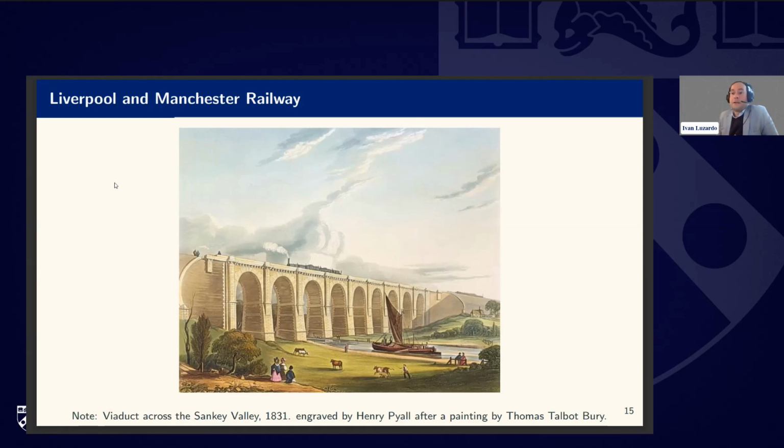That railway is from the early 19th century, but what we'll see is that gradually throughout the 19th century, that technology was adopted by different countries, including countries in Latin America. And of course, that made feasible exporting commodities at a large volume.